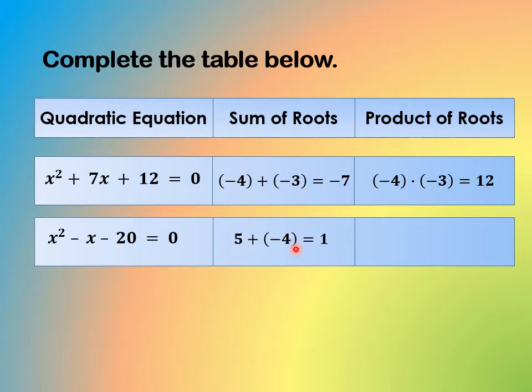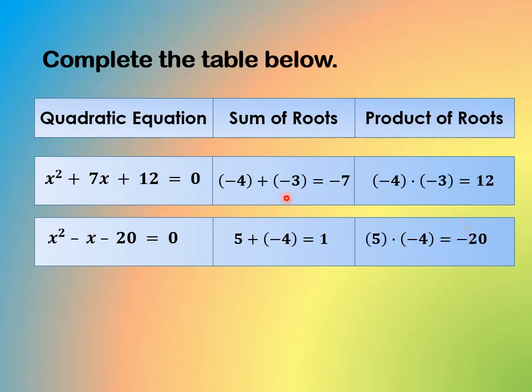So, if we add that, 5 plus negative 4, so dahil adding different signs, we need to subtract 5 minus 4 is equal to 1. Okay? And product of roots, if we multiply positive 5 and negative 4, the product of roots will be negative 20.